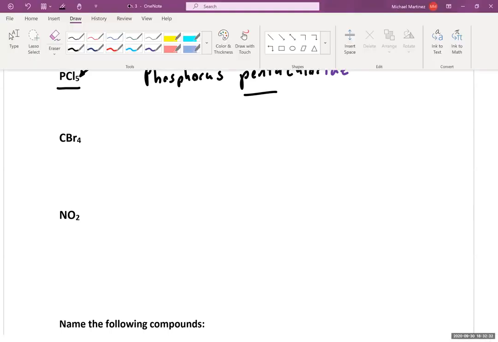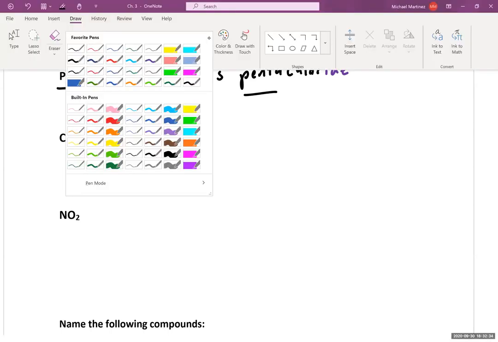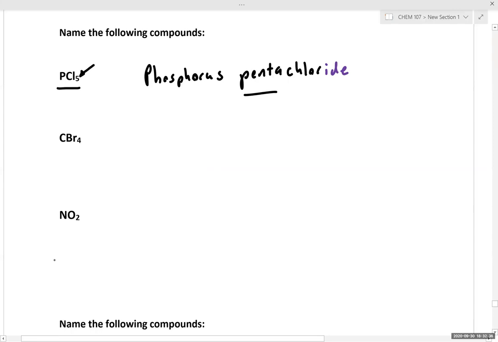So let's try to work on these examples. And as a bonus, let's try to name S2Cl6. And before I let you loose on these examples, I'd want to show you an example where we have both of our elements with more than one atom.